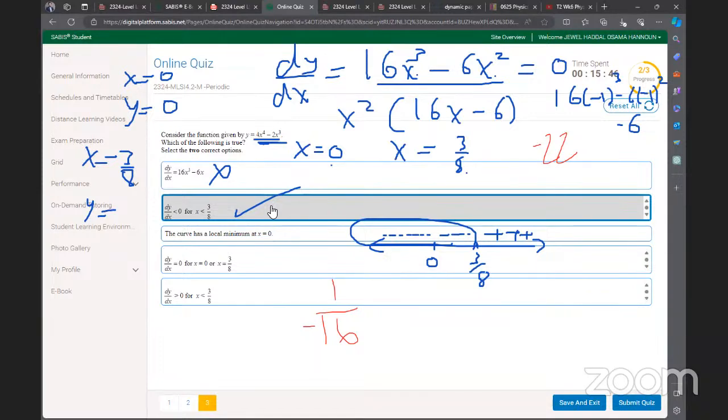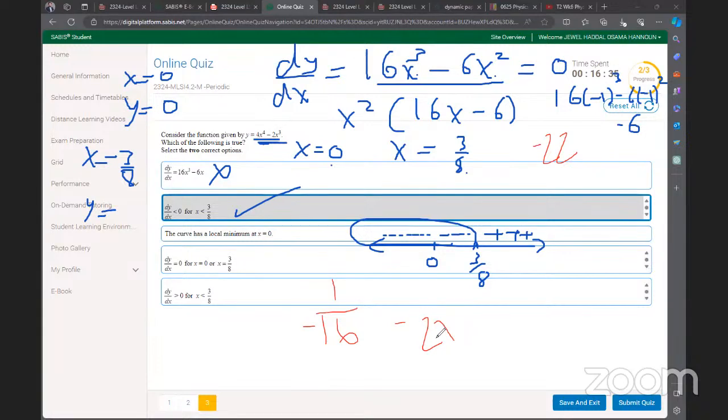If you want to know the local maximum and minimum points, the x and y of those points, you have to substitute x in the original function. So when x is equal to 3 over 8, what will be the answer?